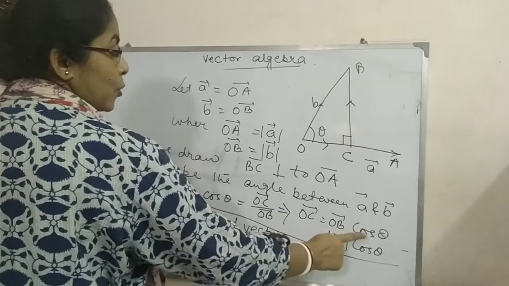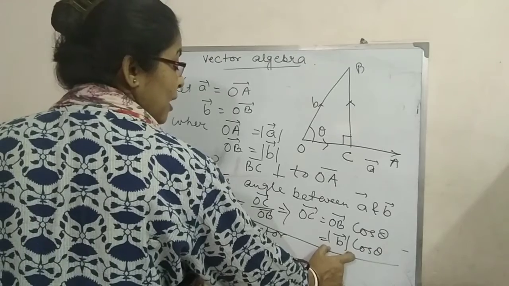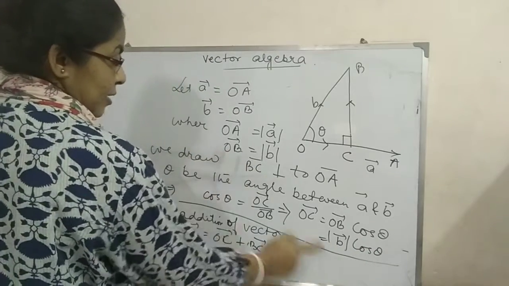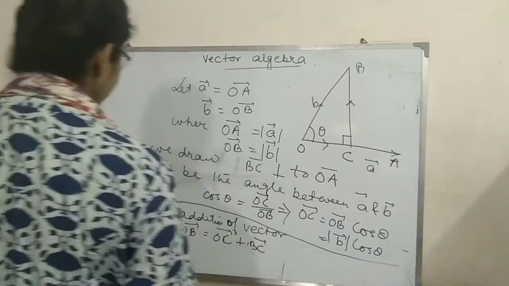This implies OC equals OB cos theta, where OB means modulus OB, so OC equals modulus B cos theta.